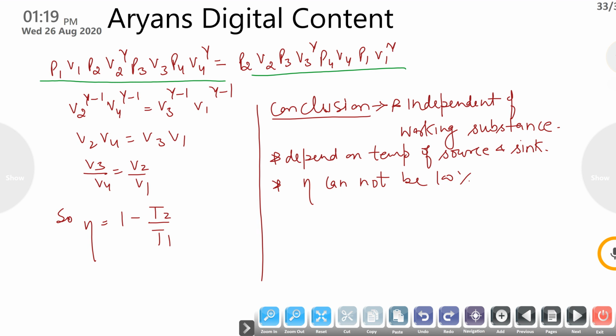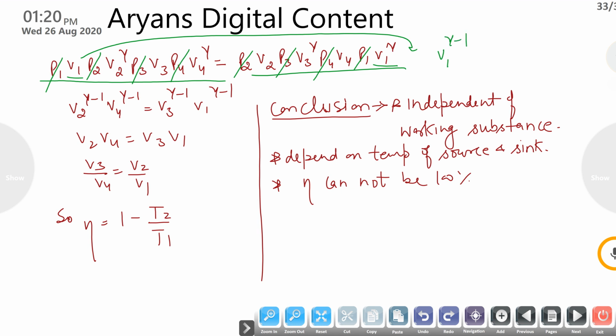Now, in this you can see P1 P1, P2 P2, P3 P3, P4 P4, all pressures will cancel each other. Now, this is V1 and this is V1 gamma. So, if I put this on this side, it will become V1 gamma minus 1.